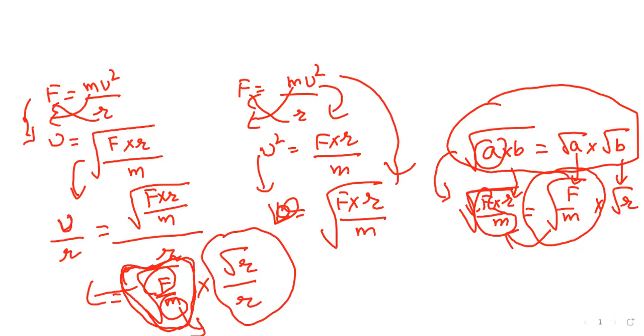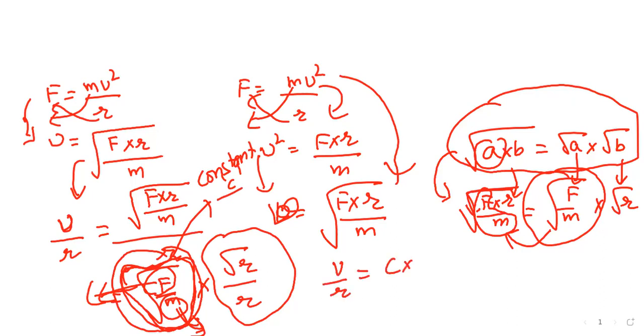I'm just assuming that this is a constant, and the maximum force we can withstand is also constant. So let me call the whole thing a constant C. So v upon r is nothing but C times the square root of r over r.